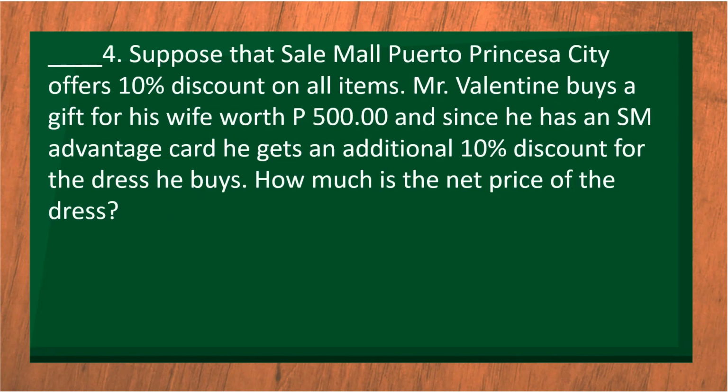Number 4. Suppose that SM Mall Puerto Princesa City offers 10% discount on all items. Mr. Valentin buys a gift for his wife worth 500 pesos. And since he has an SM Advantage card, he gets an additional 10% discount for the dress he buys. How much is the net price of the dress?